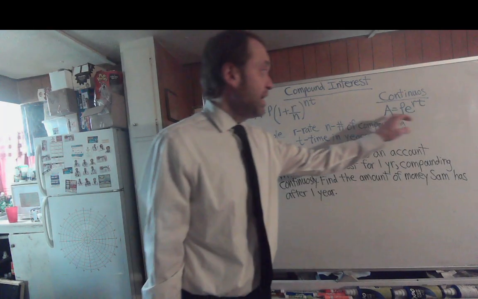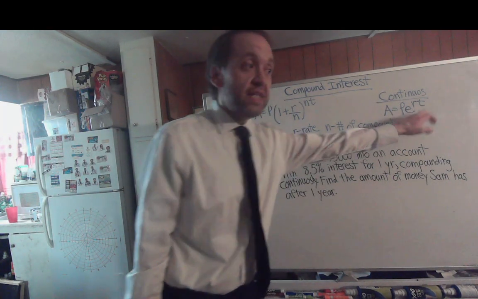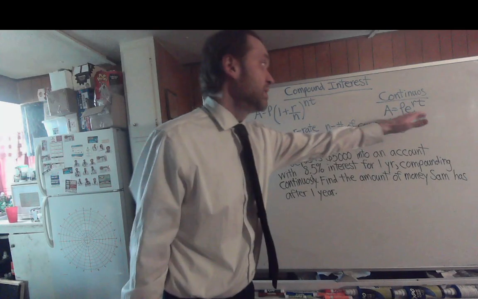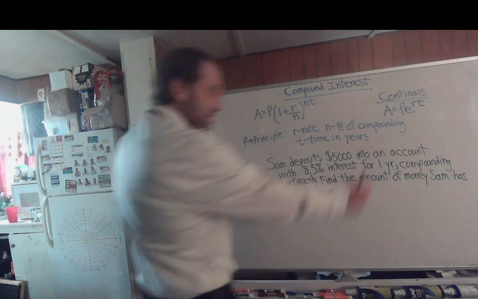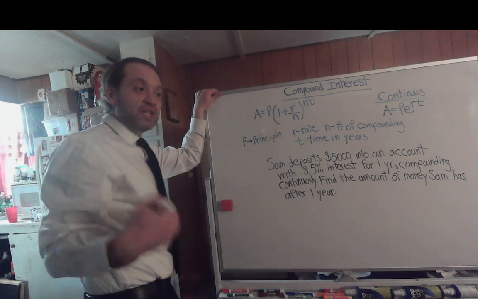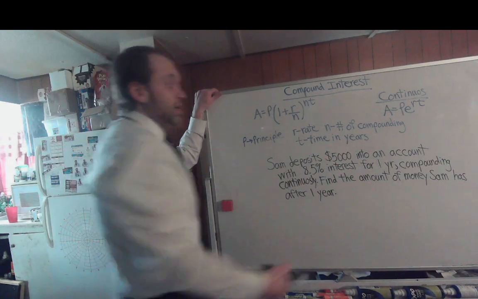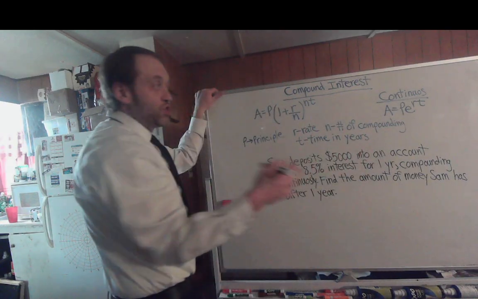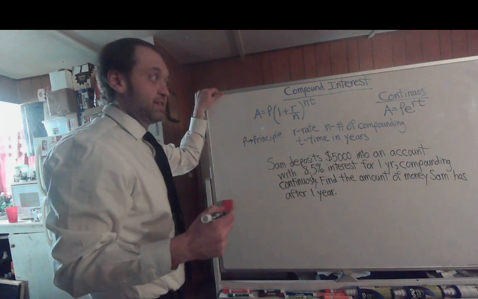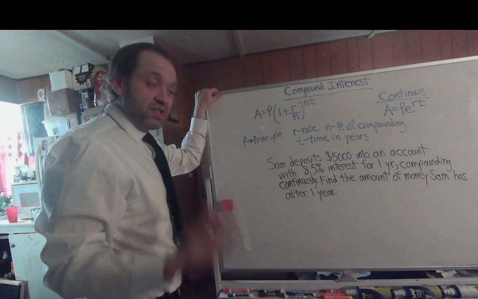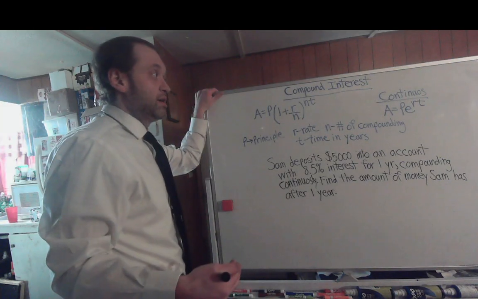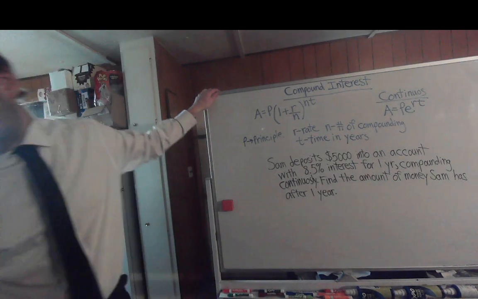That is A equals Pe to the rt power, the Pert formula. So the A is still the amount you'll have after the given time, where P is your principal that you invest. Then you have that number e that we talked about last lesson. You're starting to see where e comes into play. It's all about continuity.